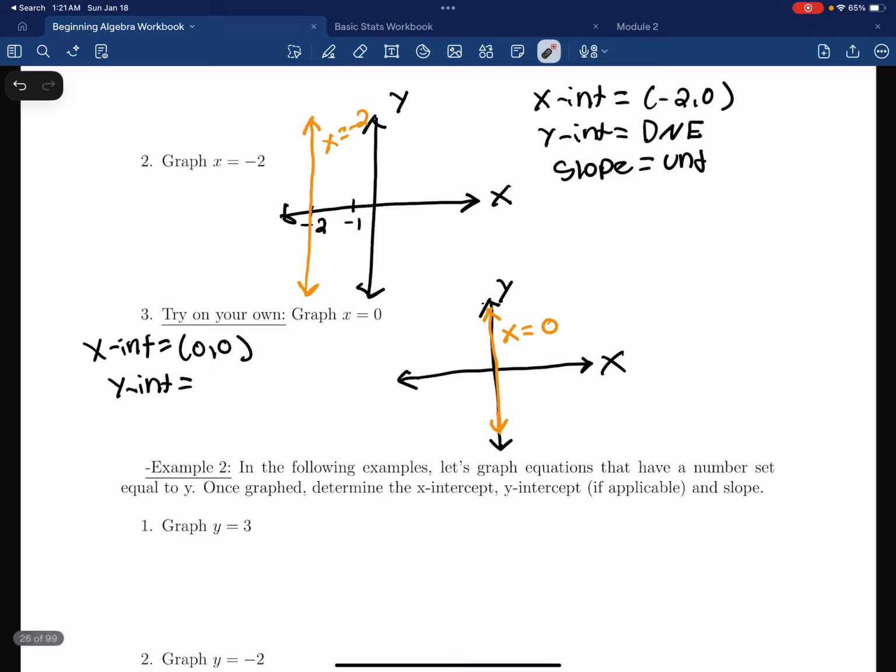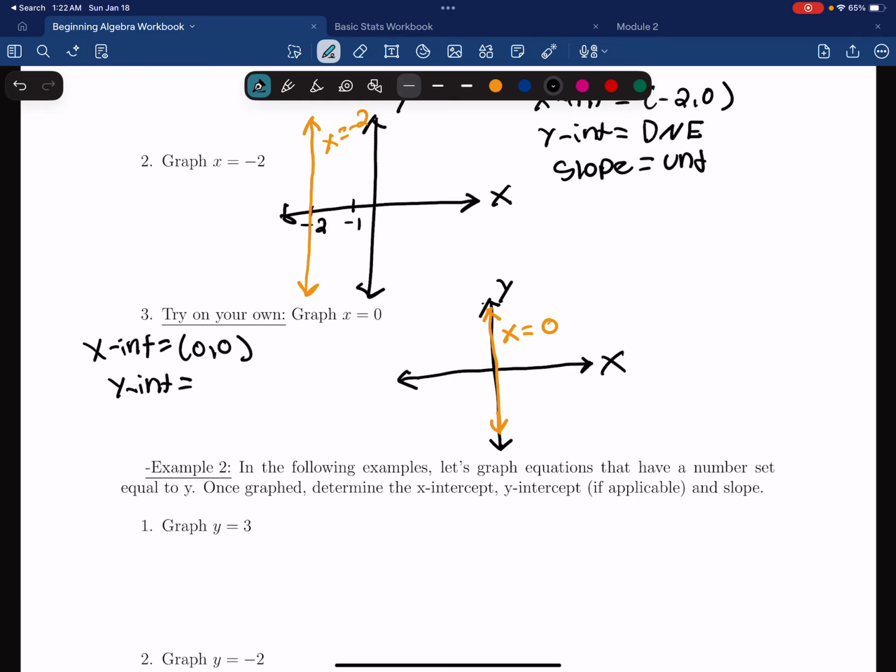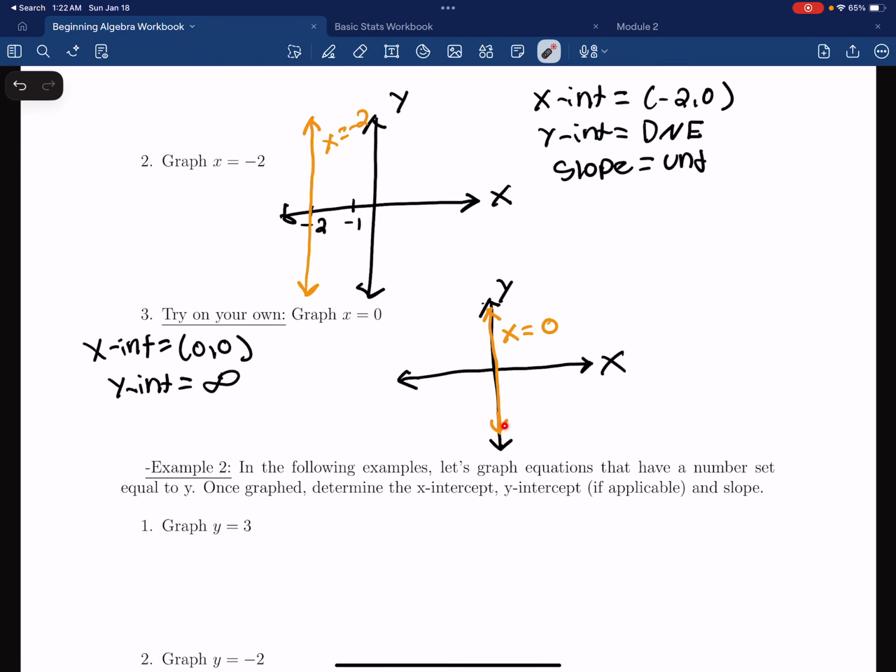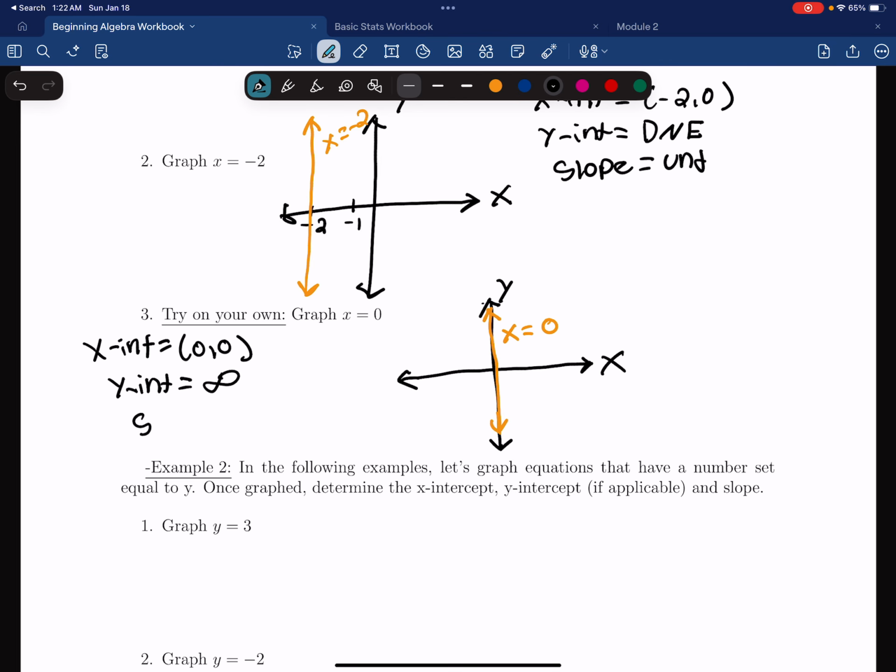So we have infinitely many y-intercepts, because this equation is directly on top of the y-axis. So the y-intercepts are infinite. And then for our slope, our slope is still undefined here because we have a vertical line and there is no clear rise or run going on here.